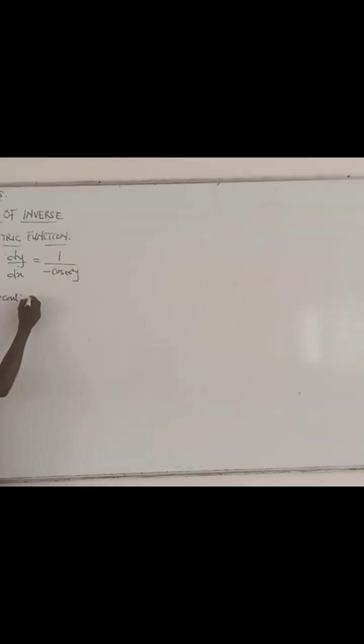Now recall that cosec square y minus cot square y is equal to 1. Please take note of this formula. What you are looking for is cosec square y, so you make cosec square y the subject of formula. That gives 1 plus cot square y. So whenever I see cosec square y, I put 1 plus cot square y.